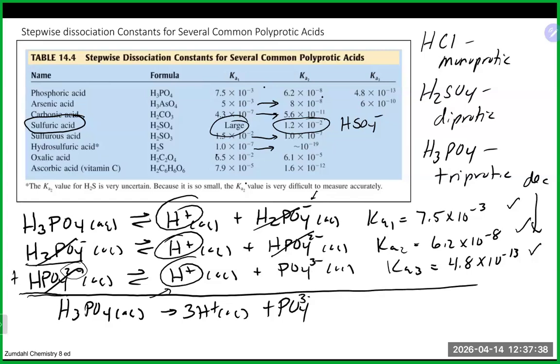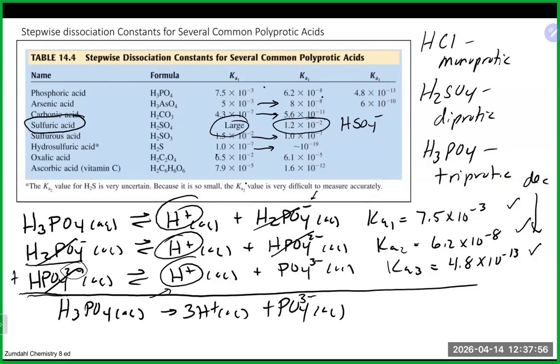So probably most of the time up until this point, you just looked at the overall reaction of what's happening, where it appears that all three of them pop off all at once, but they do pop off one at a time in this case. Any questions on that?